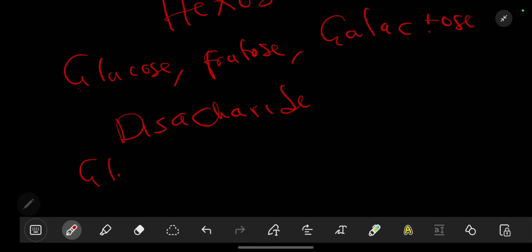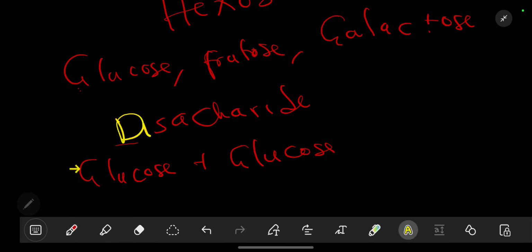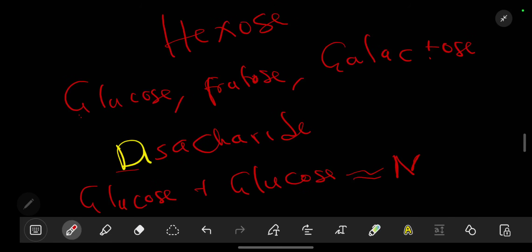So let's say if you have glucose plus glucose, so di means 2. So we should have 2 monomers, which are glucose, fructose, and know that when they combine, glucose plus glucose will give you what we call maltose.